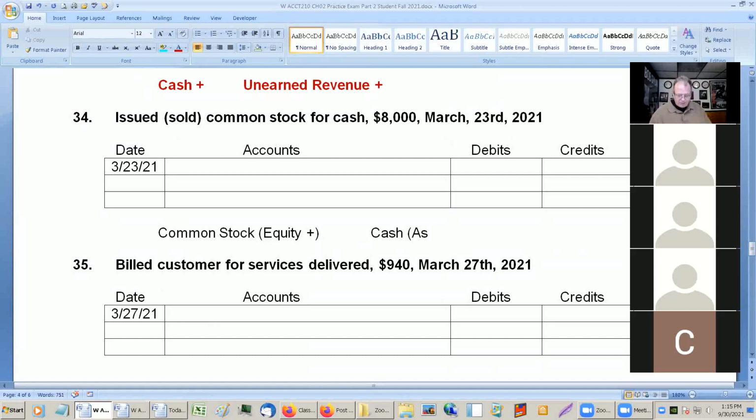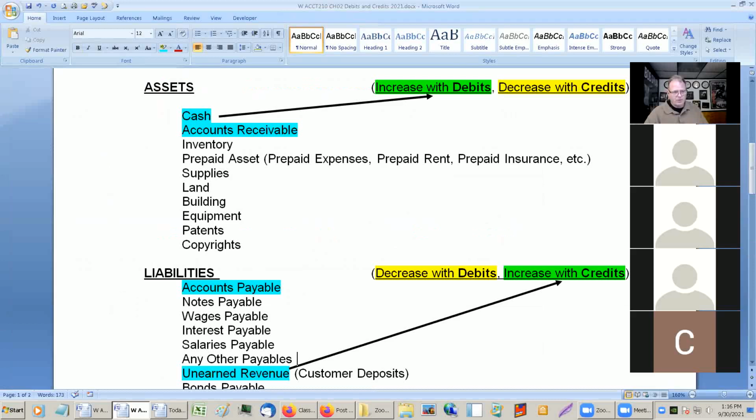Oh, wait, no, don't put those in down here. Yeah, we'll put them in down here. I'll start putting them in down here. That'll be a better place to put them. Okay. So equity going up, cash is going up. Come down here. Cash is going up with a debit. You know, the journal entry.